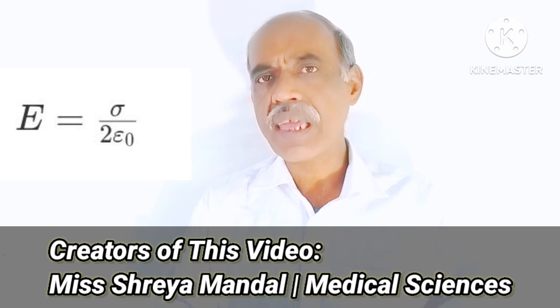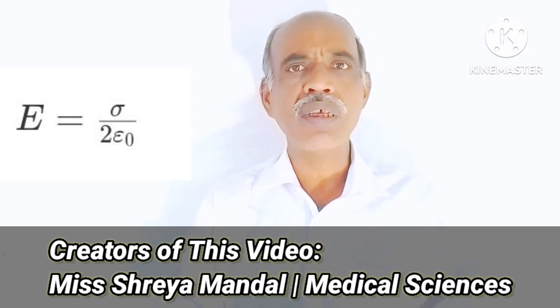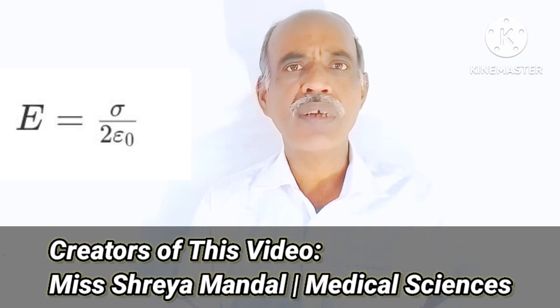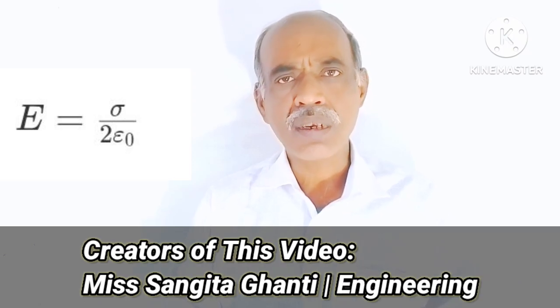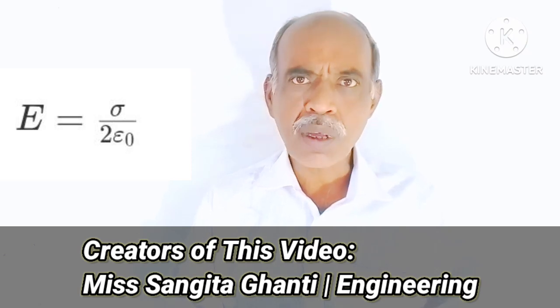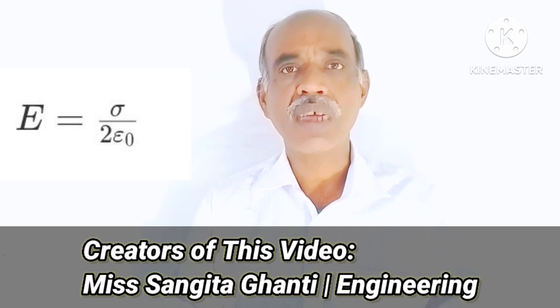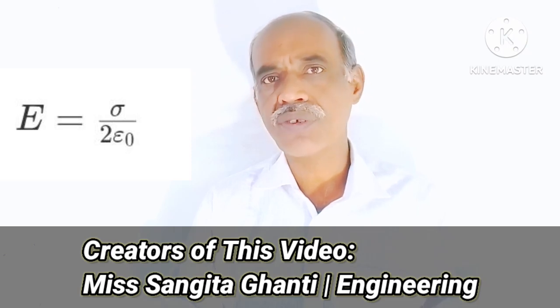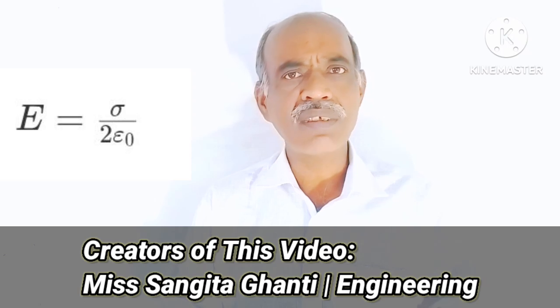Now, if you consider any point on that surface, that point is equally influenced from all directions. That means the contribution of the surrounding points on that specific point, which you are considering for the calculation of electric field strength, is equal.